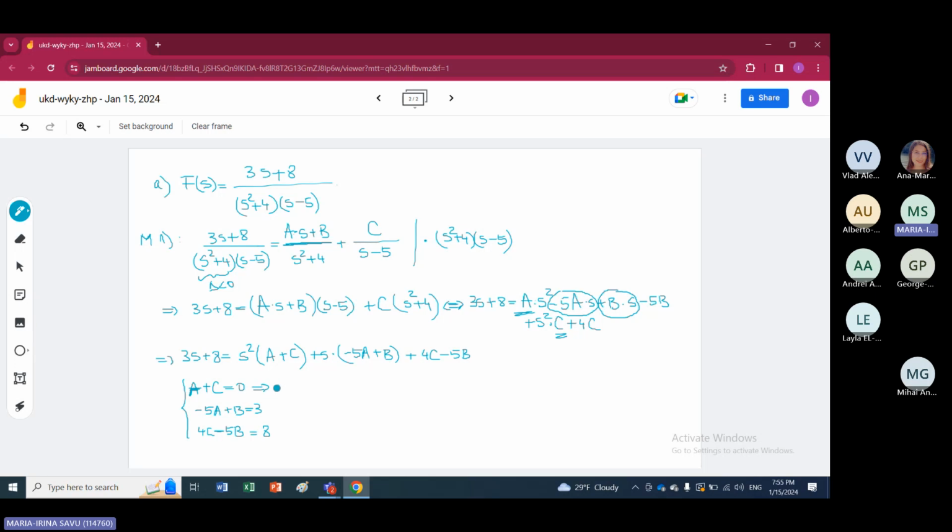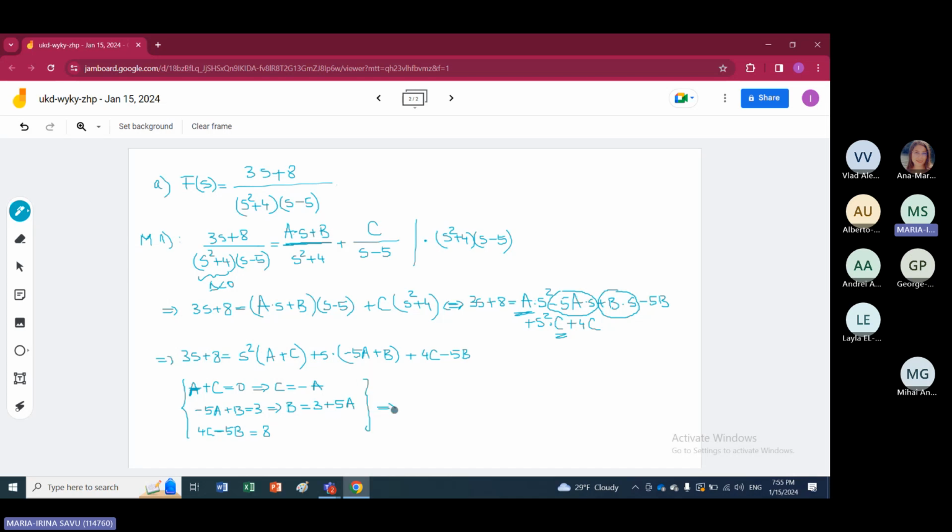So in this case, we can write that c is minus a. And here we have that b is 3 plus 5a. Okay, we express b and c using a.